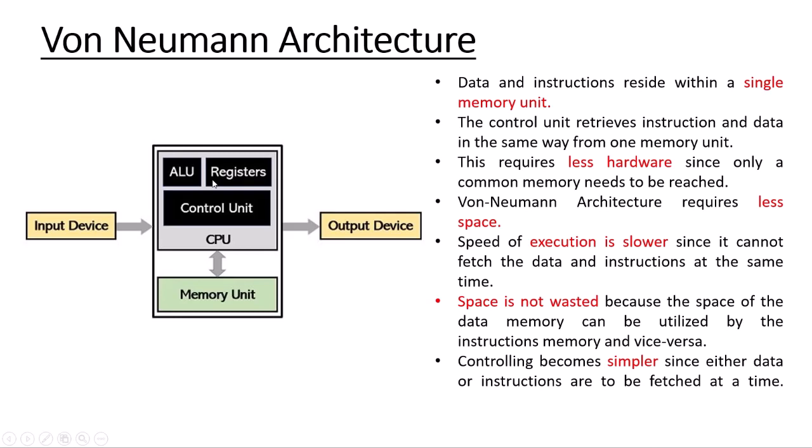Since only a single memory is used, it requires less hardware. So there is less complexity in von Neumann architecture. But since data and instructions are stored in a single memory, and at a time the CPU can access only either data or instructions, the execution is slower.